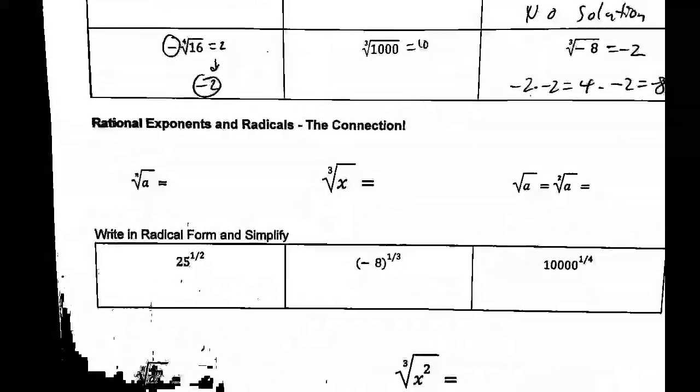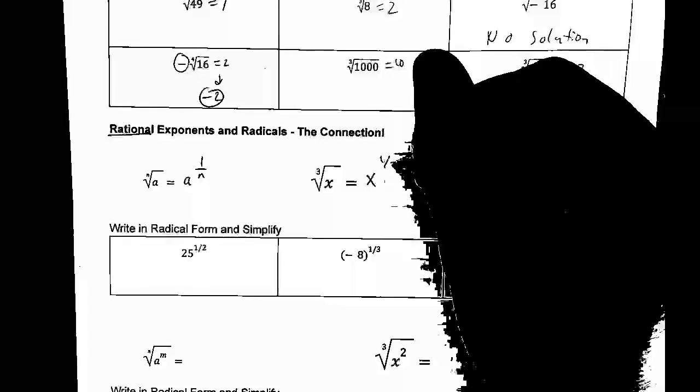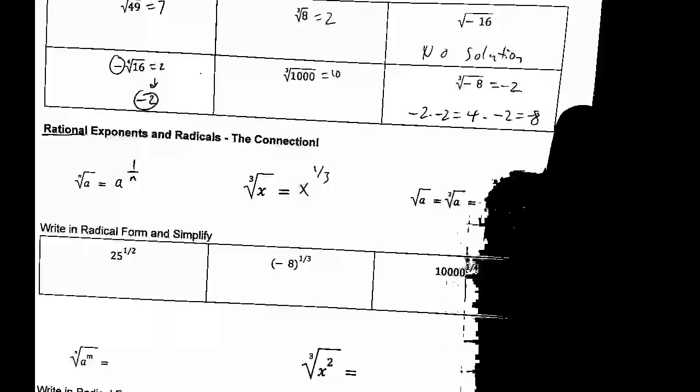So we can rewrite radicals as rational exponents. Rational means fractions. So the n root of a is equal to a to the 1 over n. Okay, so the cube root of x is x to the 1/3. The square root of a is a to the 1 over 2.